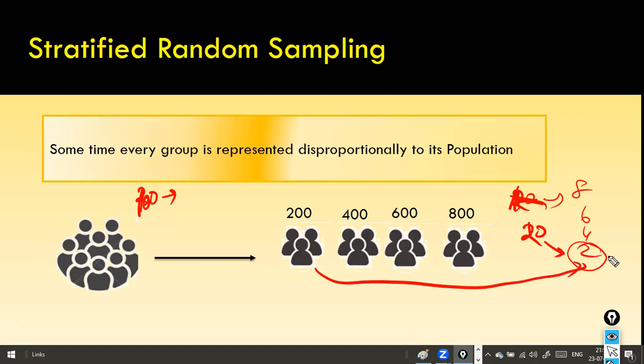This sample size is very small. In this group, you've taken very few customers. Obviously, it will have a bias towards the higher values in your sample, right?